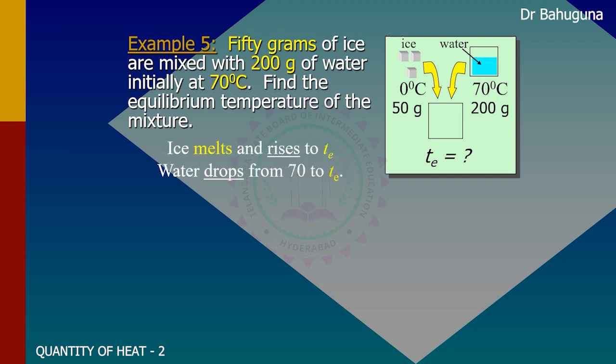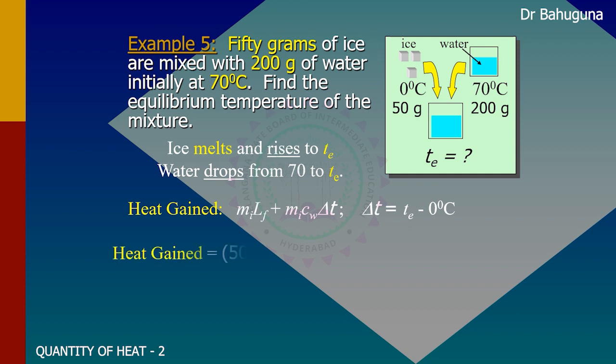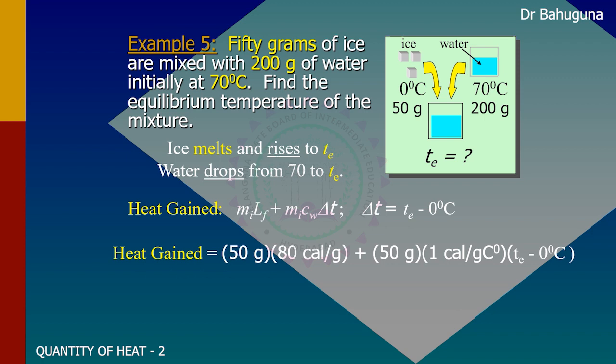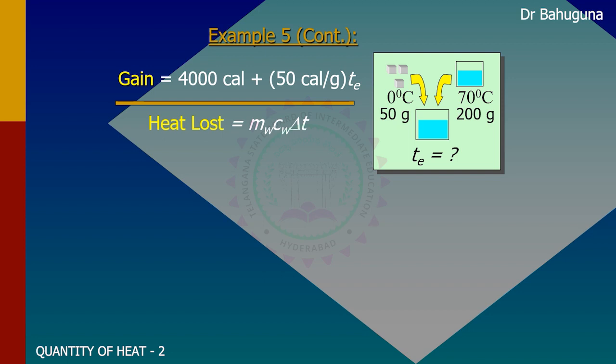There is heat gained by ice. Here we have to calculate heat gain, we calculate ml plus mc delta T, and here mass is given as 50, latent heat of ice is 80, and for water the specific heat is 1, and change of temperature is always higher minus lower. T_E, nothing but equilibrium temperature or resultant temperature, minus 0, and that is equal to the heat lost by water.